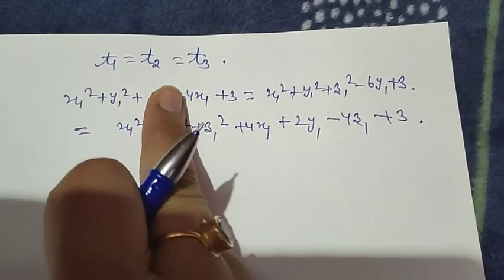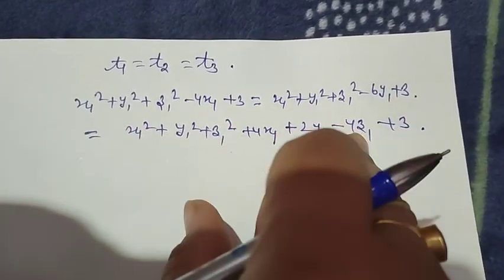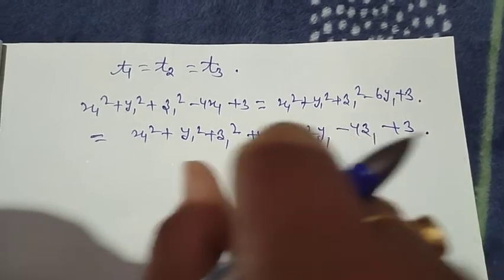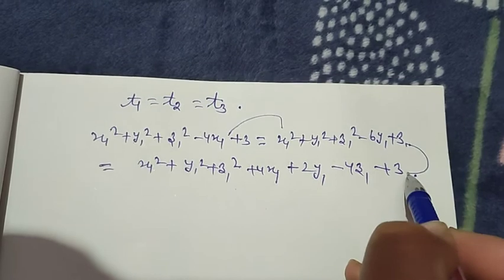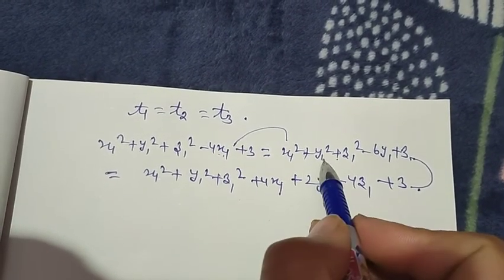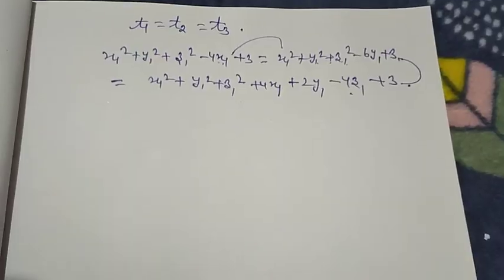Since the distances are equal, we cancel the square root. Now we take the first and second, then the second and third: first is equal to second, and second is equal to third.